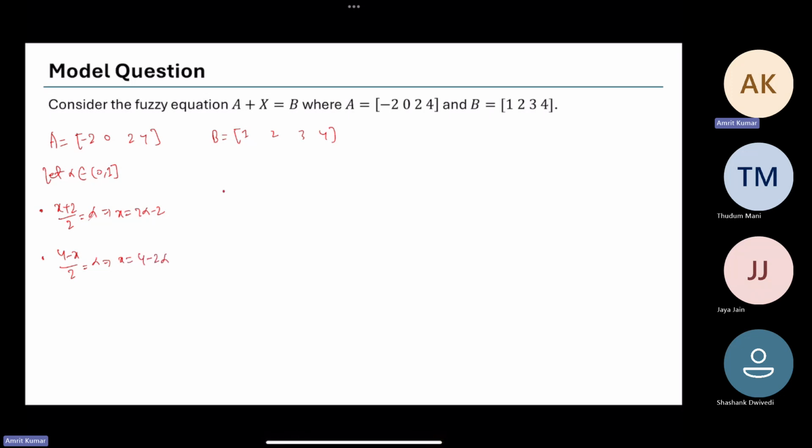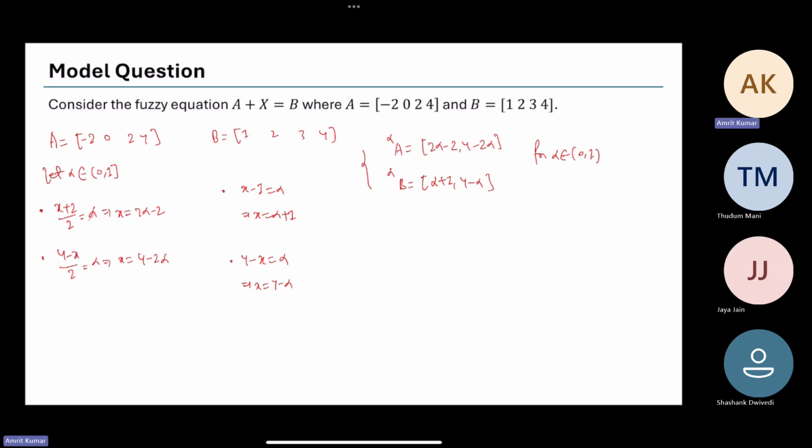I'm just finding the alpha cuts. So A and B are these two fuzzy sets, and the alpha cut of A and alpha cut of B for alpha greater than 0 looks like this.